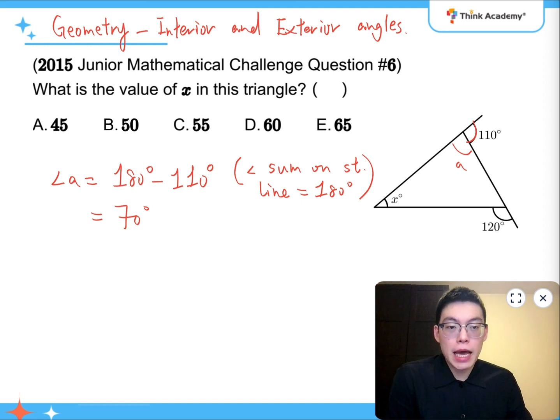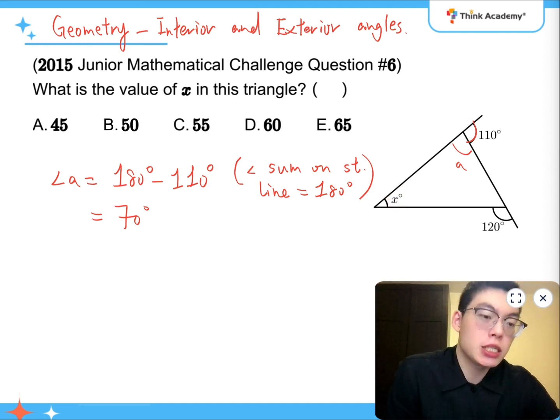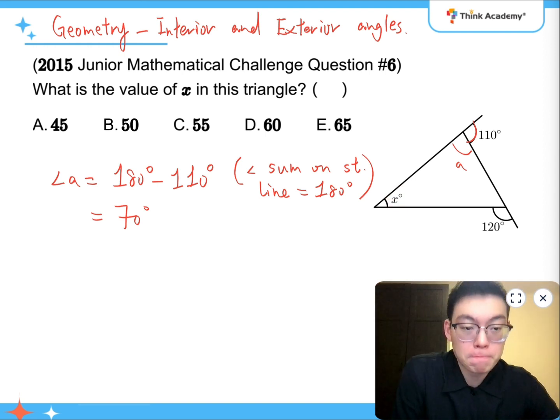Now, the next step is whenever you have 2 interior angles and 1 exterior angle of the remaining interior angle, we can say that the exterior angle of a triangle is equal to the sum of the 2 non-adjacent angles. That's really a thing, okay?